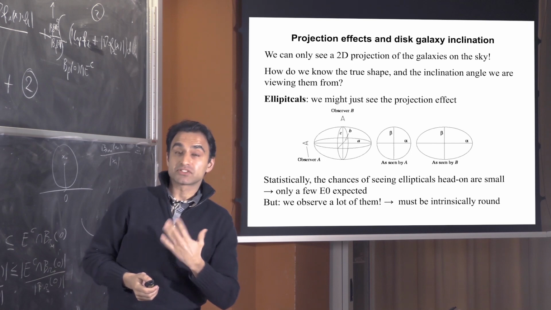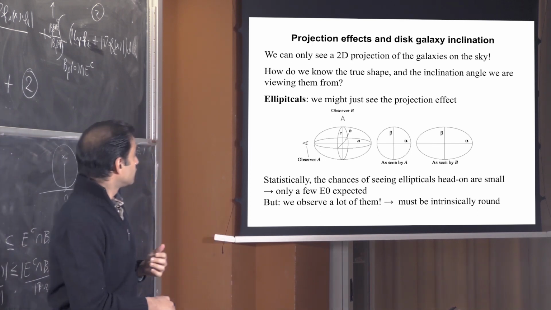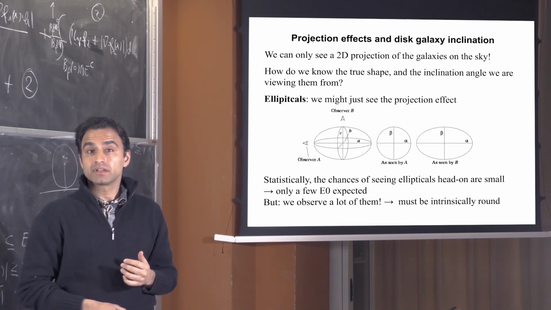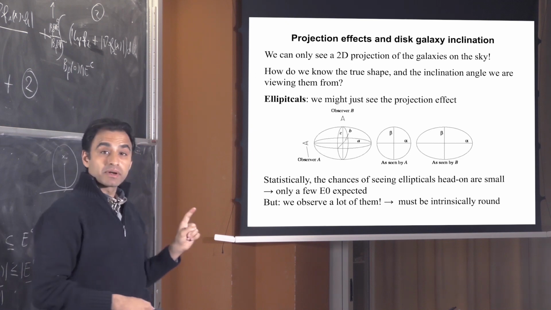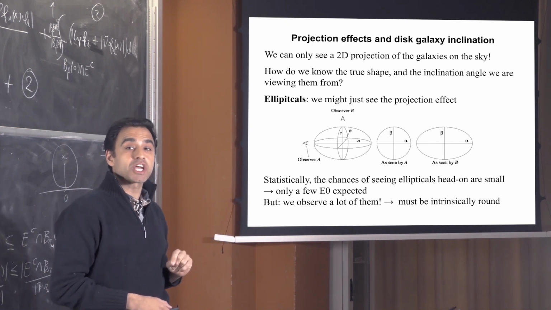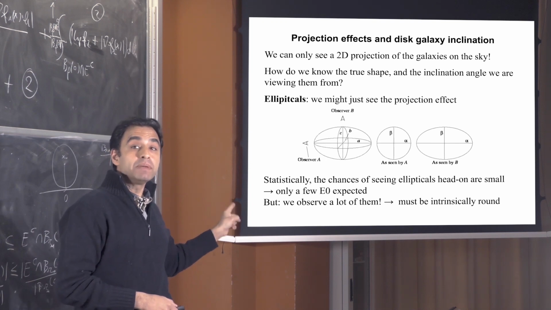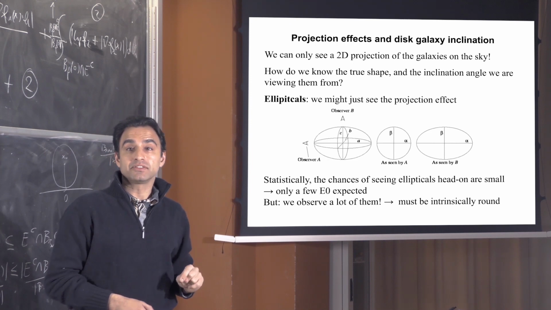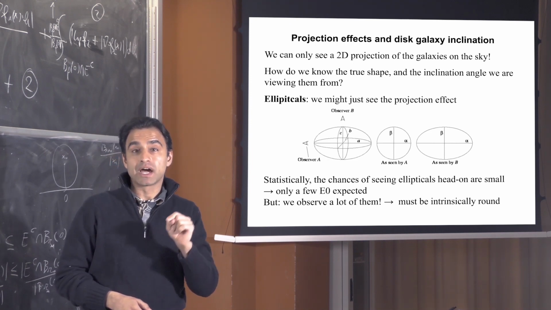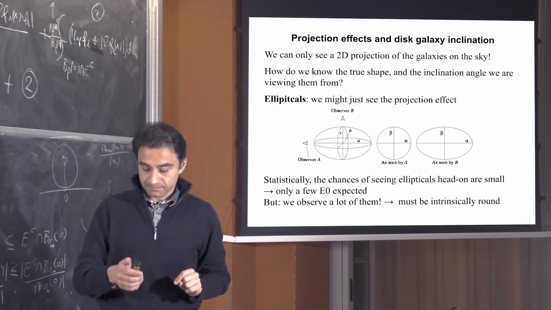Interestingly, astronomers observe a high number of E0 galaxies. What that implies is that, yes, some of them might be projection effects, but in fact most of them will be true E0 galaxies intrinsically, because the number is too large to be described by simple projection effects.